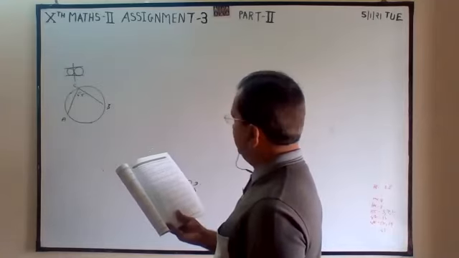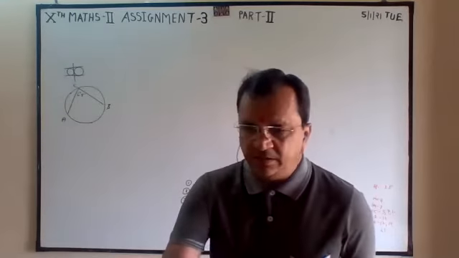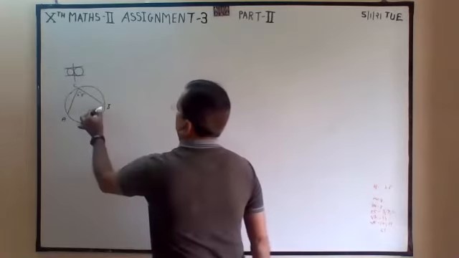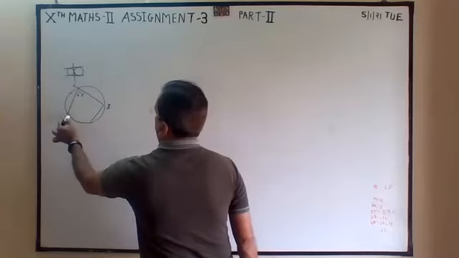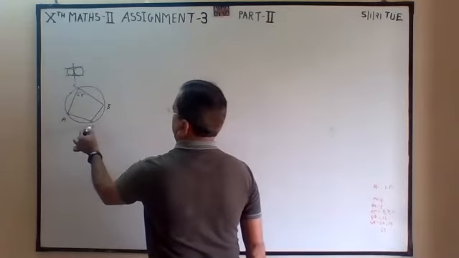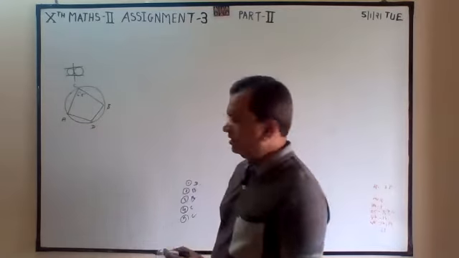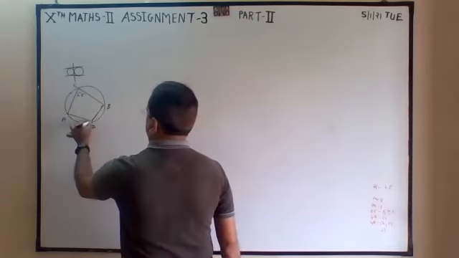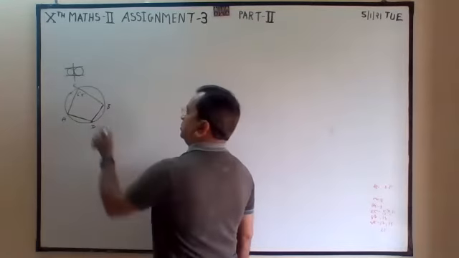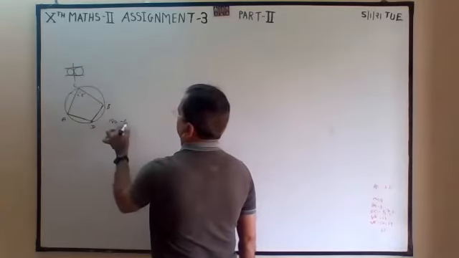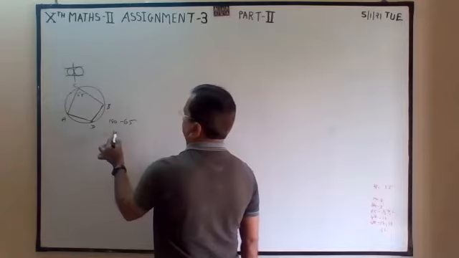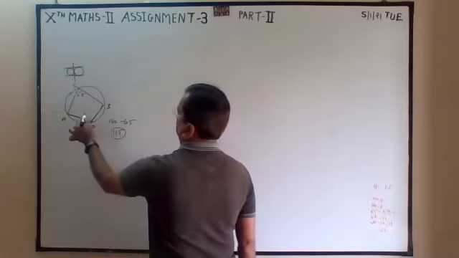Major arc ACB we want. Draw this angle. That is a cyclic quadrilateral, this is on a circle. So 180 minus 65, so that is 115. This is 115.